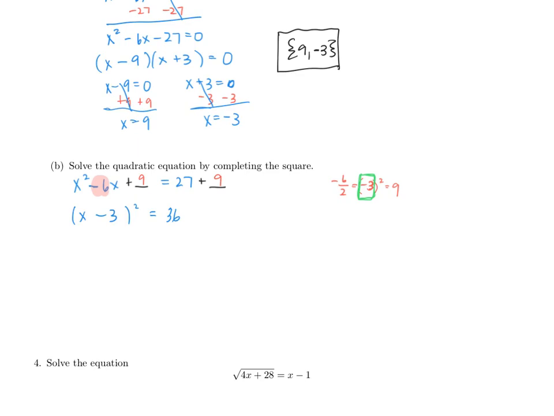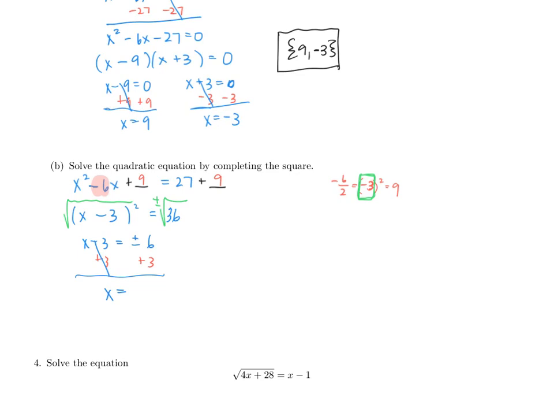Now we have it set up to use the square root property, so we can take the square root of both sides. Don't forget to put a plus or minus. And so now we will have x minus 3 equals plus or minus 6. Okay, last step, add 3 to both sides. So we get x equals, the most common mistake is people will just put plus or minus 9.